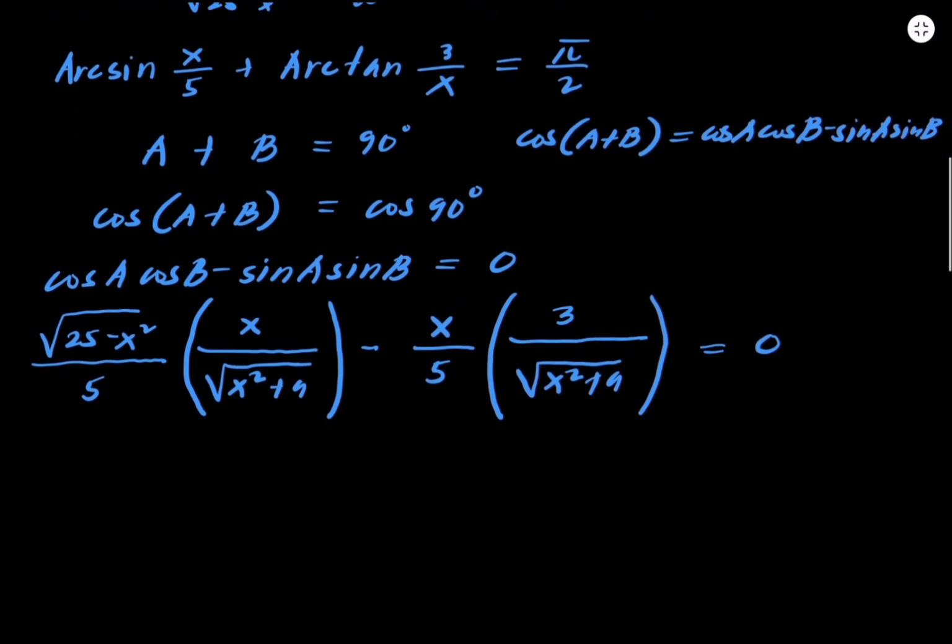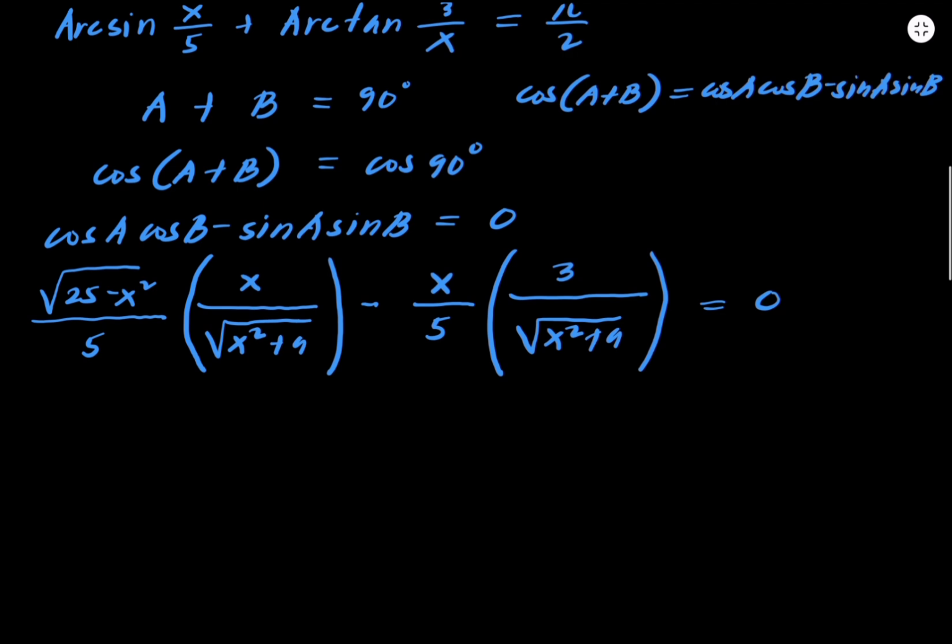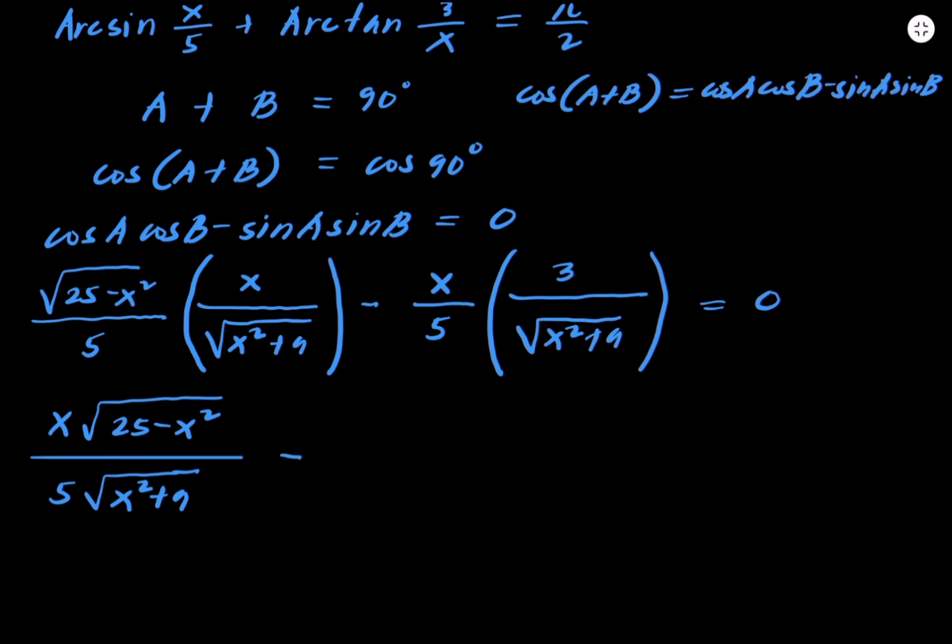Now, let us simplify the left side of the equation. So, let us multiply. So, we have x times the root of 25 minus x squared over 5 times the root of x squared plus 9, minus 3x over 5 times the root of x squared plus 9. And everything is equal to 0.